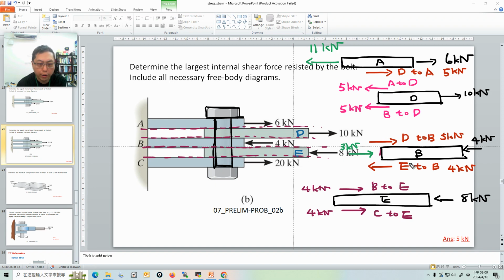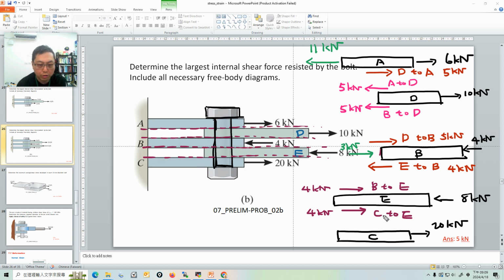The final one is C. Finally we reach C. C is here, and there's a 20 kilonewton external force acting on C. C only contacts E, and that's good.